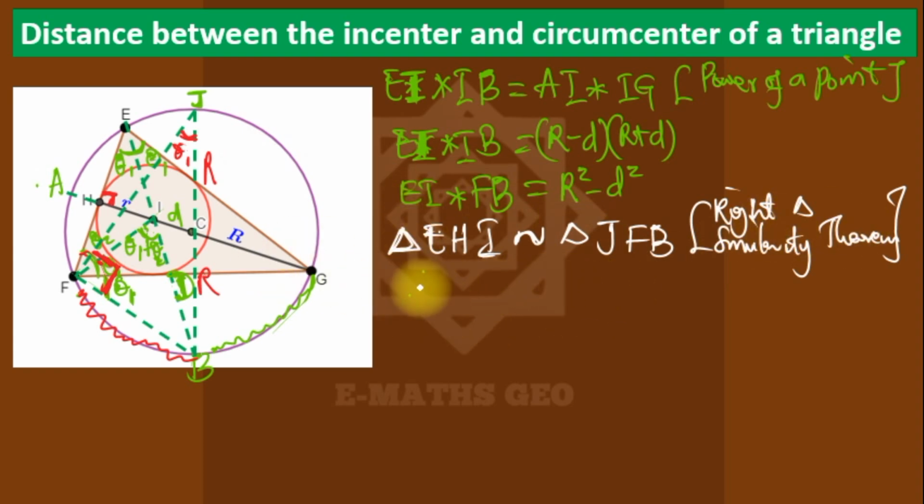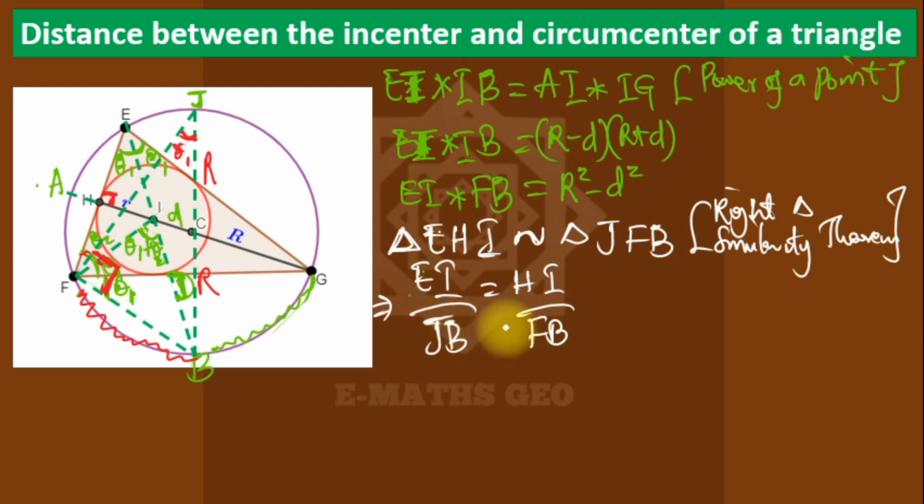So we see that EI of the small triangle corresponds to JB of the big triangle. HI of the small triangle corresponds to FB of the big triangle. So that's the similarity.